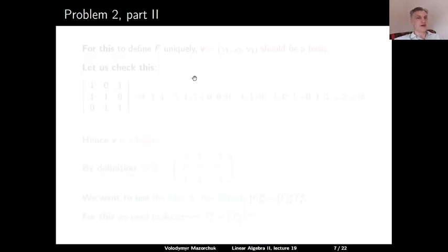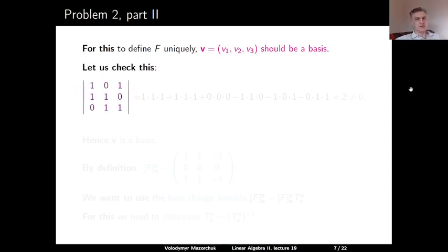For this to define f uniquely, we need that v1, v2, and v3 should be a basis in our vector space. To check that v1, v2, and v3 form a basis in R3, we need to compute the determinant of the matrix which we obtain when we write the coordinates of v1, v2, and v3 as columns. So we need to compute the determinant of the matrix 1, 1, 0, 0, 1, 1, 1, 0, 1.